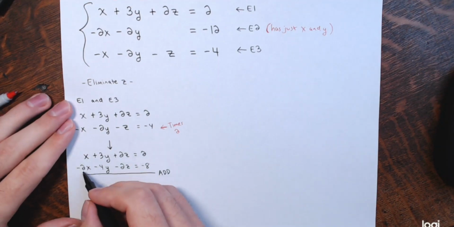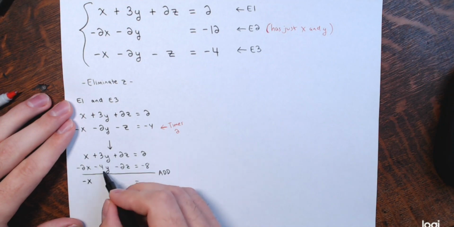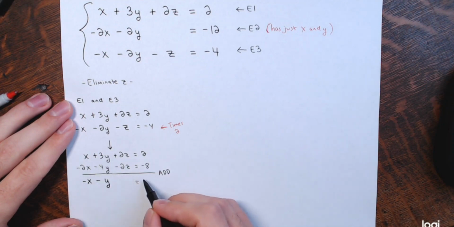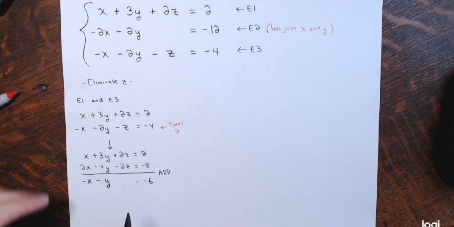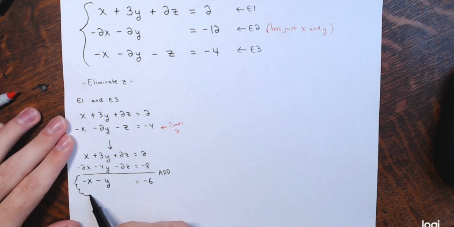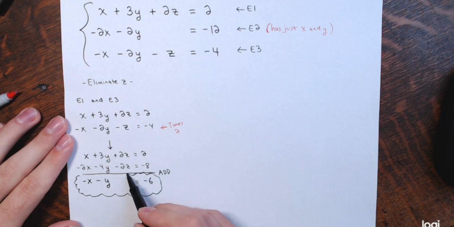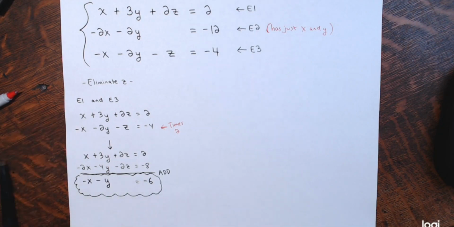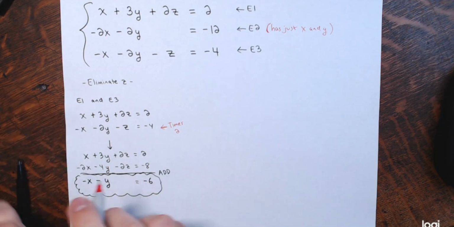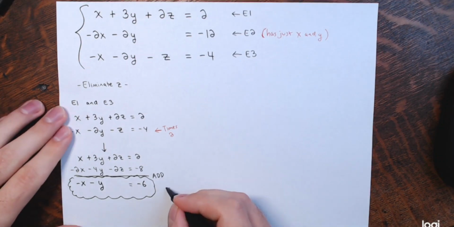And I'll have negative 1x minus 1y equals negative 6. Alright, in this equation, again, I'm putting it in a bubble, but this is not the answer. This is just a new equation. I'm going to call this equation 4.